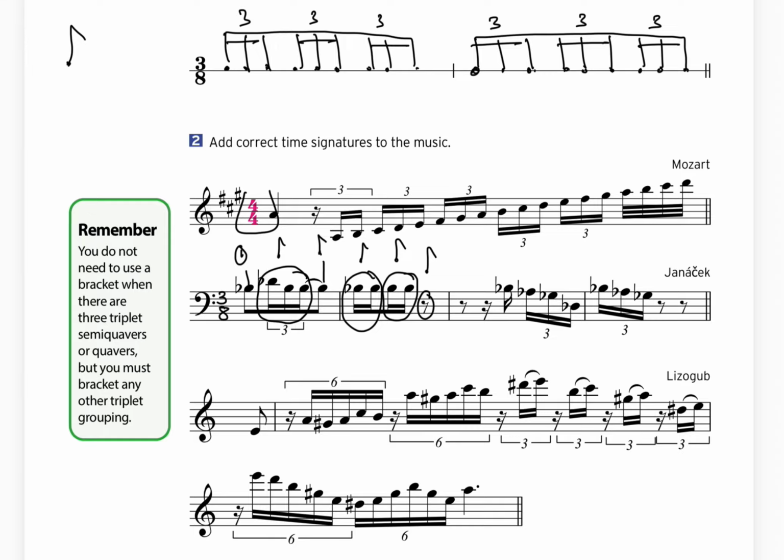Let's move to the next one. So in this one, we can see here this is a sextuplet, which is equal to our one crotchet beat. Okay. Then this is the second sextuplet, which is equal to again one crotchet beat. Then we have this triplet of quavers.